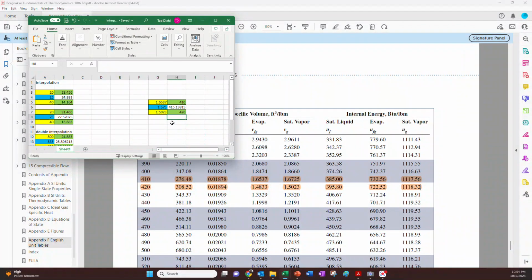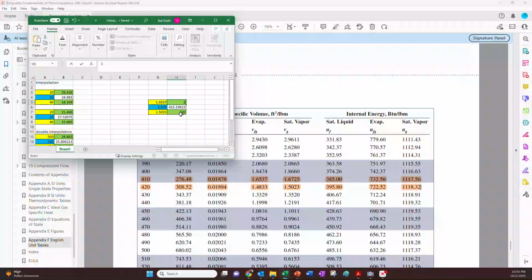I'm pretty sure it's like 415. Yep, pretty close to it. So I'm going to write that down. This is table F.7.1. Interpolate. So T is equal to 415.2, which is good enough.